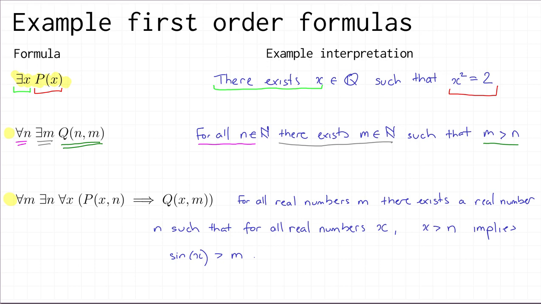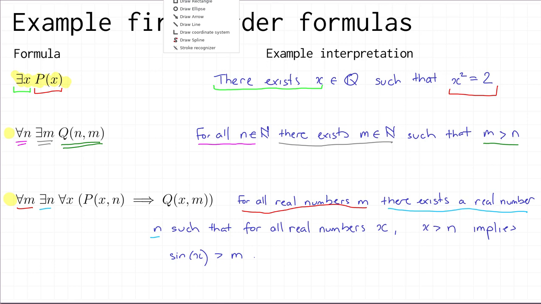Alright, again, let's match these parts of the interpretation up with the parts of the uninterpreted formula. So we'll take a colour here. The for all m, of course, corresponds to this bit where we interpret it as saying for all real numbers m. And the next one was exists n. That becomes there exists a real number n. And then we want to say for all real numbers x. So let me get a straight line tool here. For all real numbers x, that's this bit here.